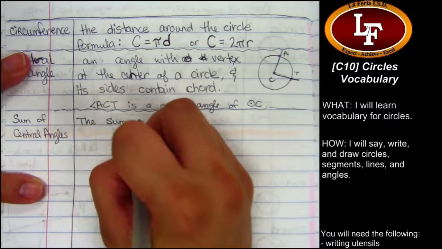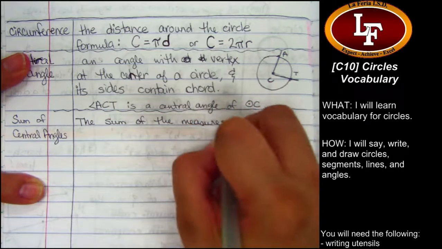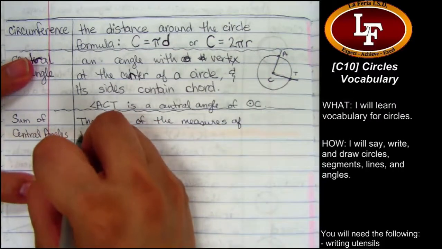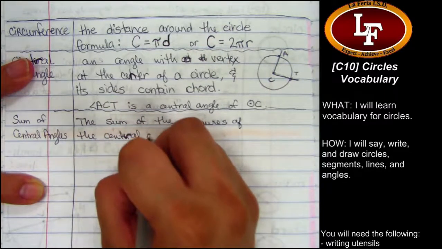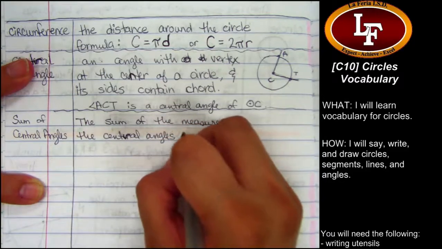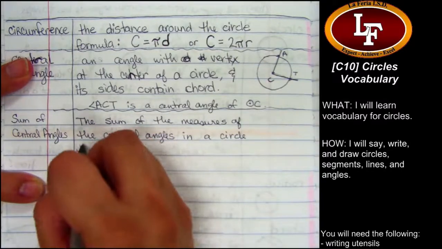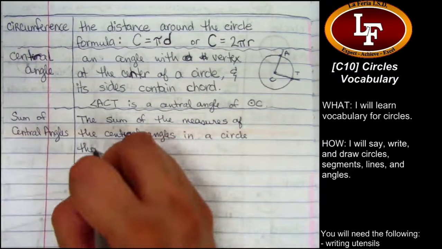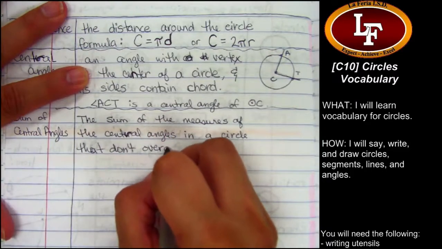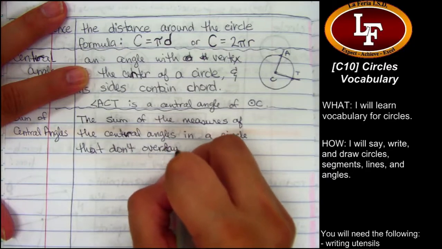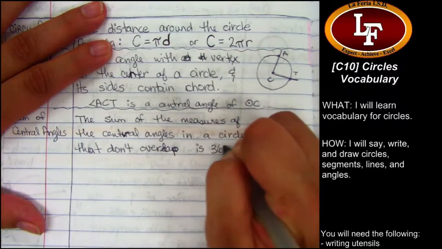In words, it says the sum of the measures of the central angles in a circle that don't overlap. Those central angles aren't allowed to overlap each other. I'll draw it so you can see it. That sum is 360 degrees.